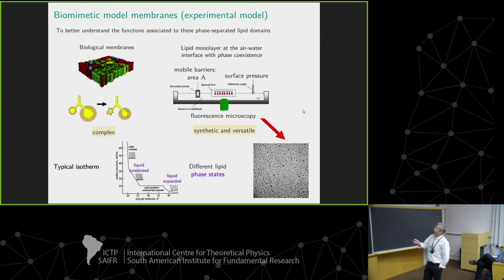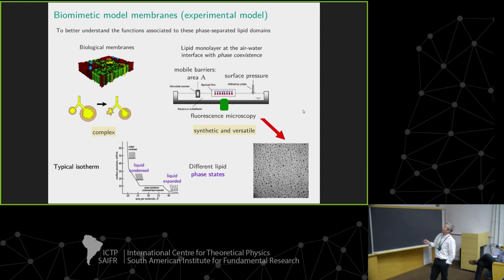So again, the problem is quite complicated, as always with reality, and an experimental setup to mimic this and study it in a more synthetic and versatile way is the Langmuir monolayers.